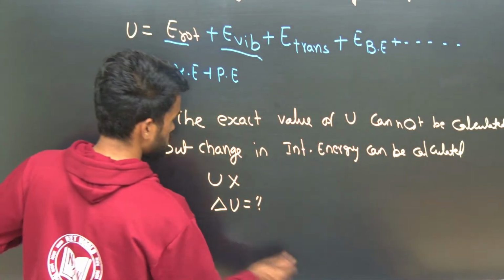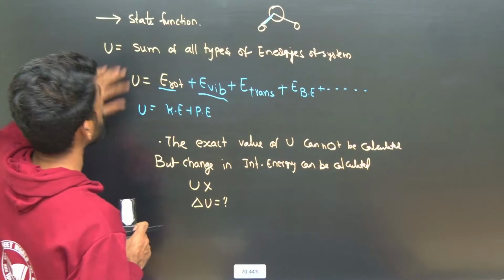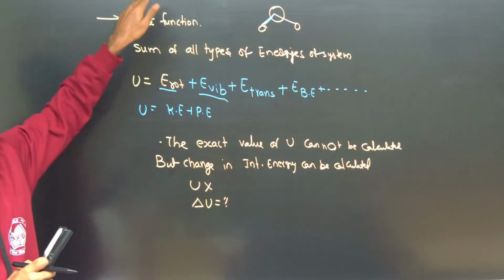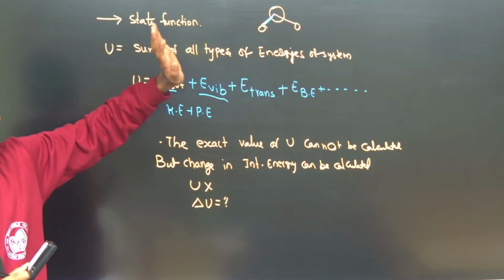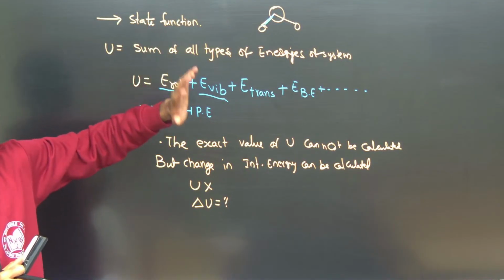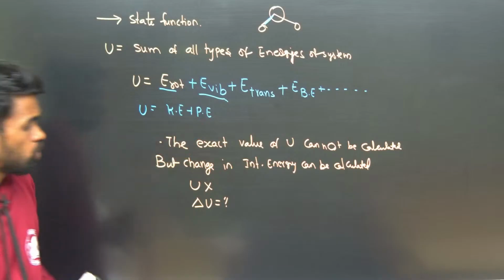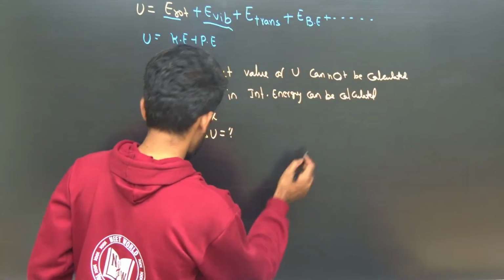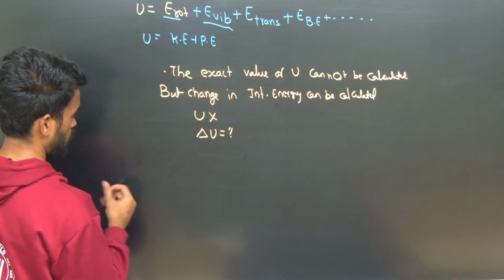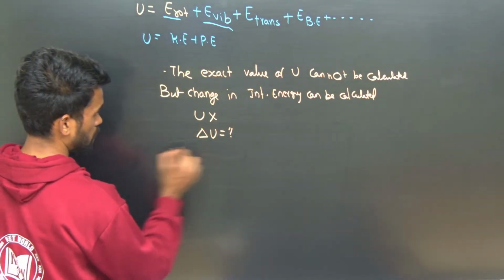Internal energy is a state function. It depends on the initial and final state, and is independent of the path followed. So delta U we got.